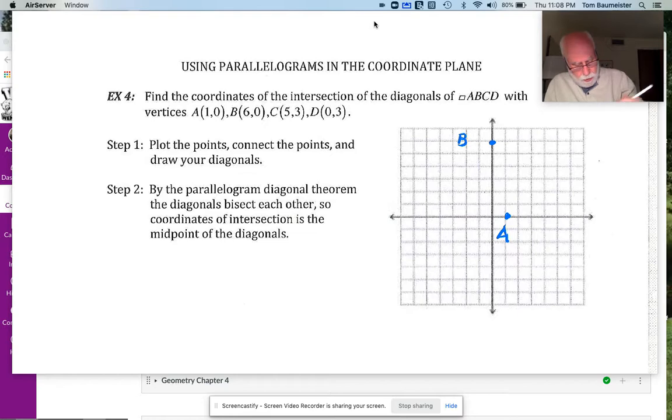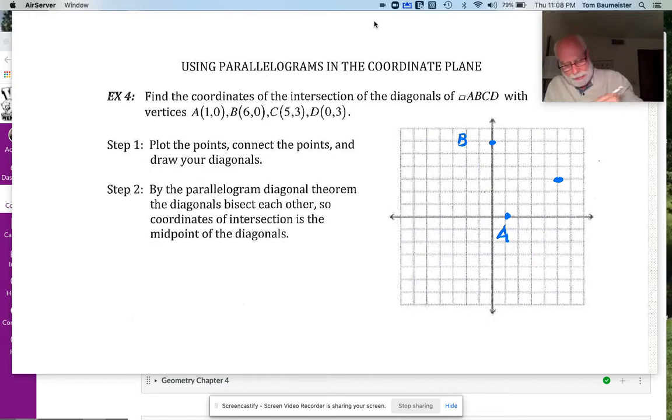We said that C is at 5 and 3. So 1, 2, 3, 4, 5, up 1, 2, 3. And D is at 0 and 3. So what did I do wrong here?